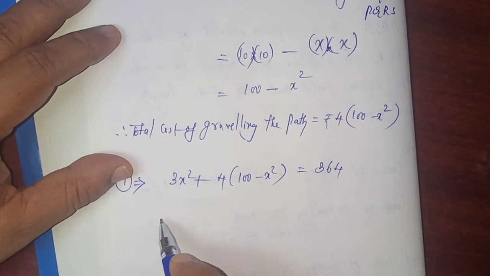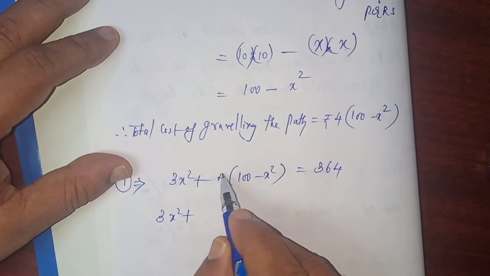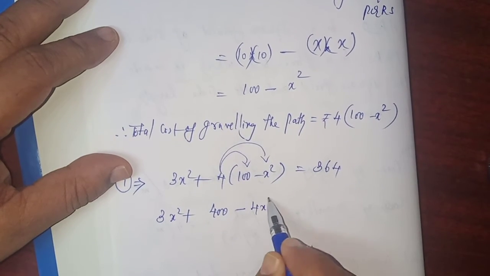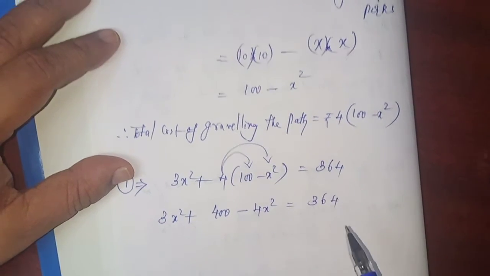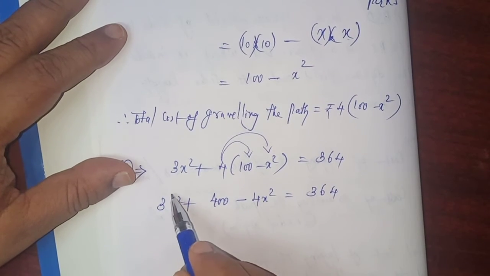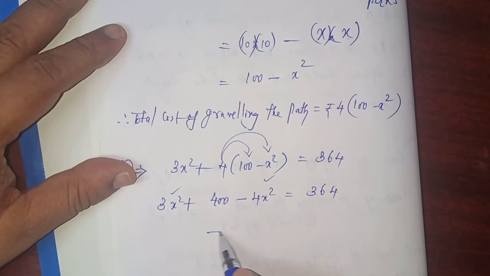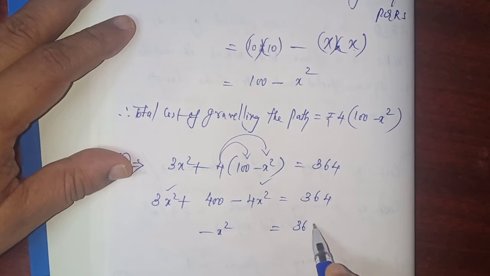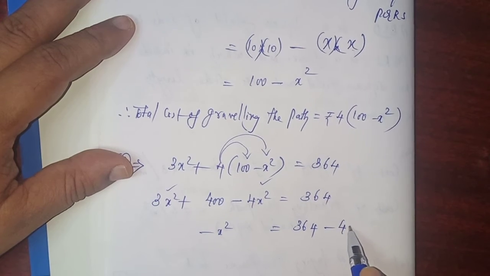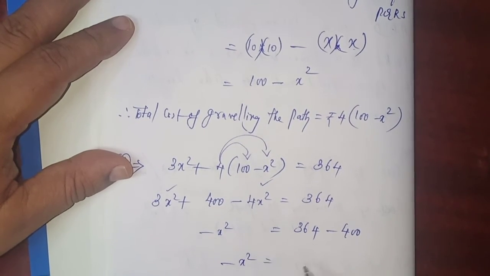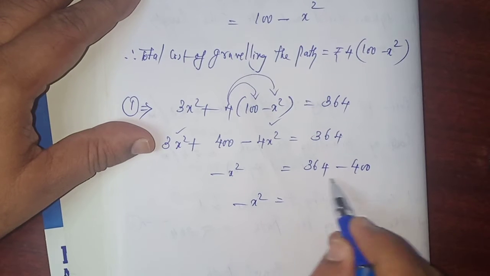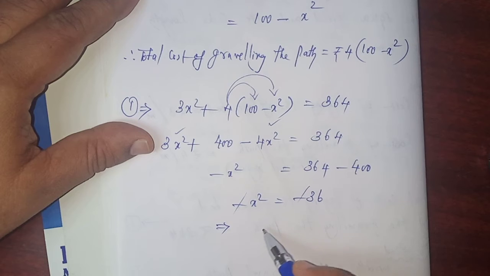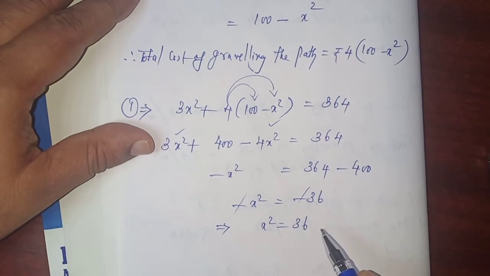Listen. 3x squared plus 4 into 100, 400, minus 4 into x squared, 4x squared, that is equal to 364. 3x squared minus 4x squared is equal to minus x squared, equals 364. 400 comes to the right hand side, minus 400. Minus x squared equals 364 minus 400, minus 36, which implies minus minus get cancelled, x squared equals 36.